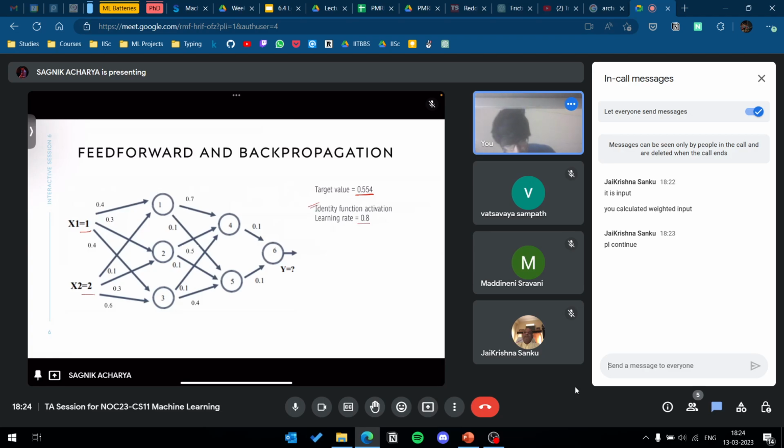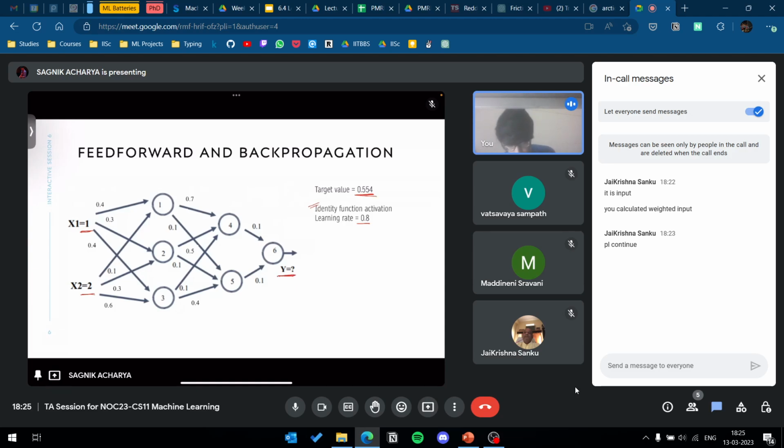So we'll have to do some more multiplications, right? So you have to calculate y. The problem is that after this input has been passed with this target, we need to find the updated weights, right? So we need to update the weights of this network.